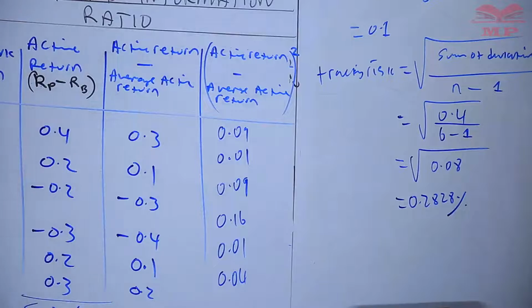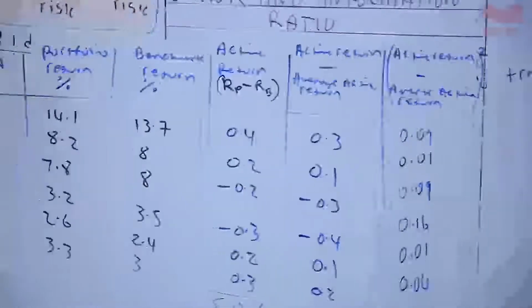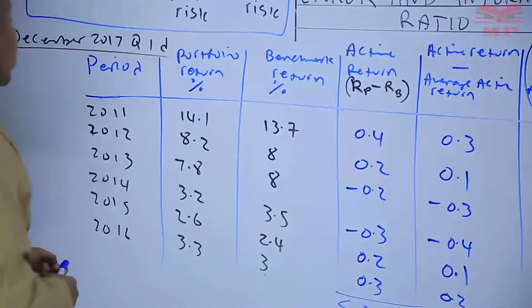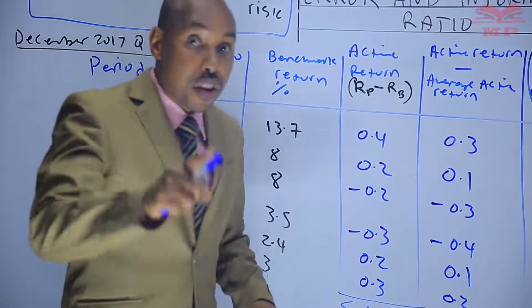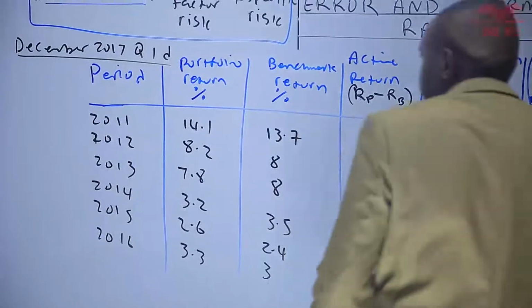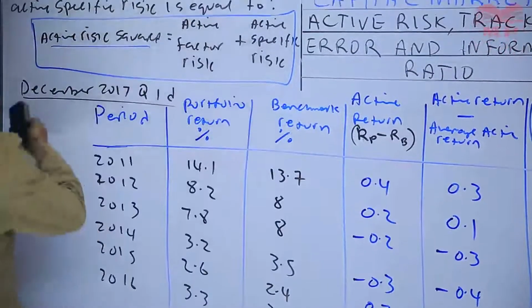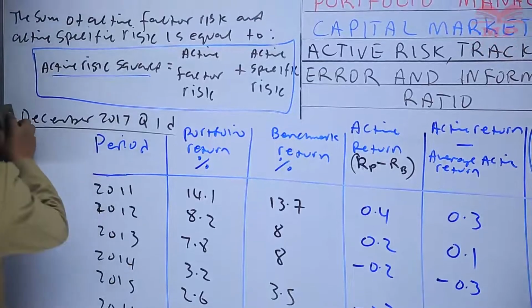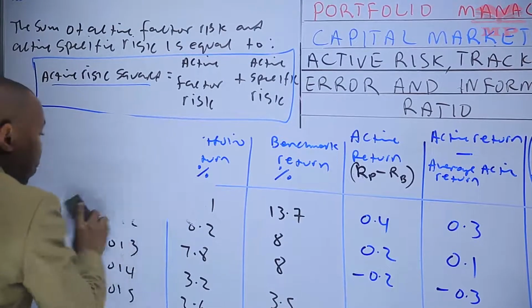So having discussed that, over here we can move over on this other side, ladies and gentlemen, and we proceed on with the information ratio there. So I'll just pick the duster right here, and we can just rub right here.